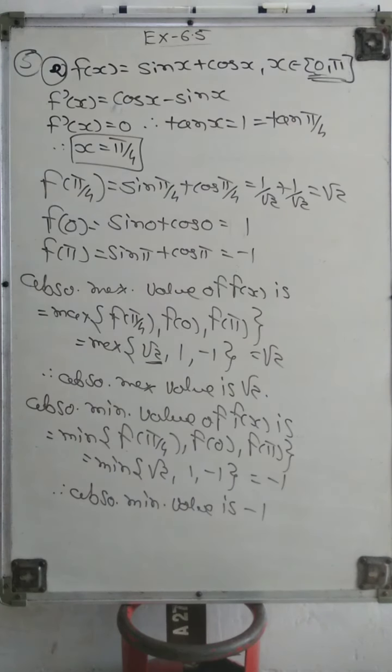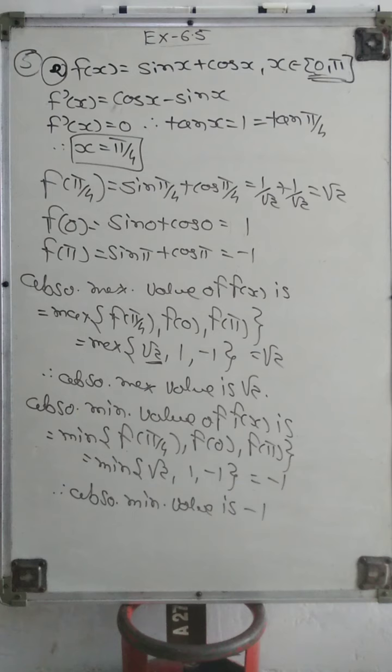Okay, so this way we can find our answer. So this is also a good sum, because here we want to find absolute maximum and minimum. So there is a difference between absolute and local maximum and minimum value.